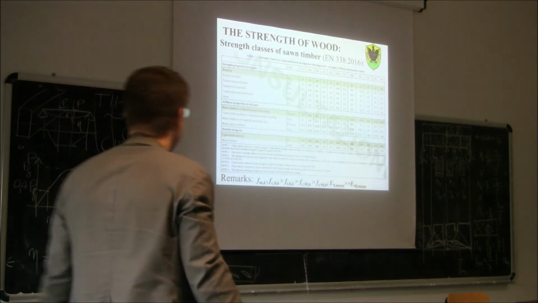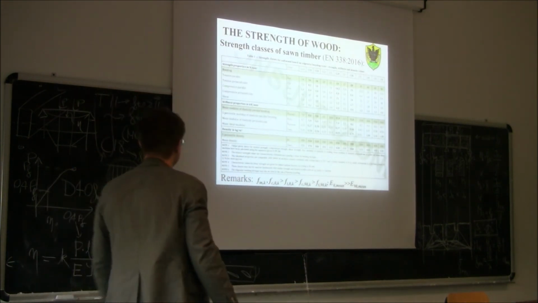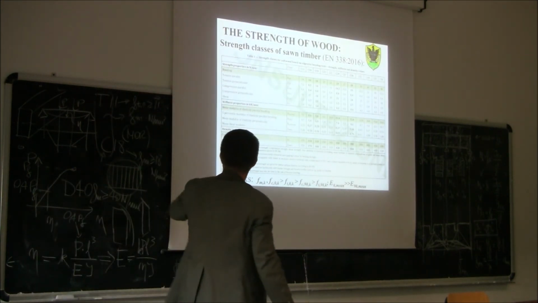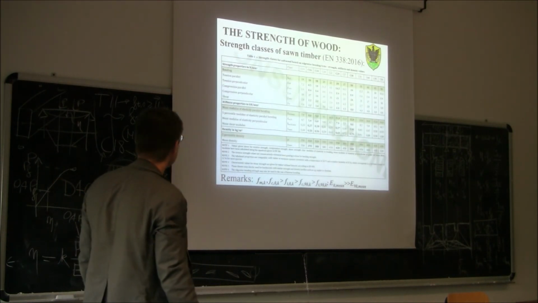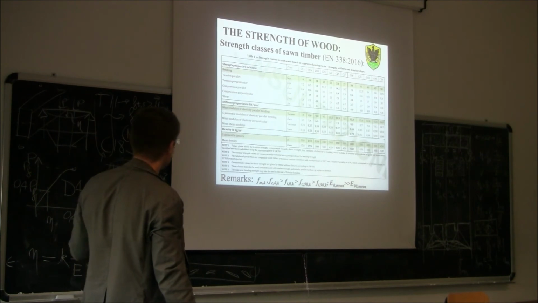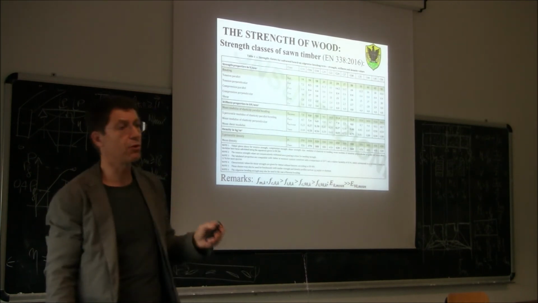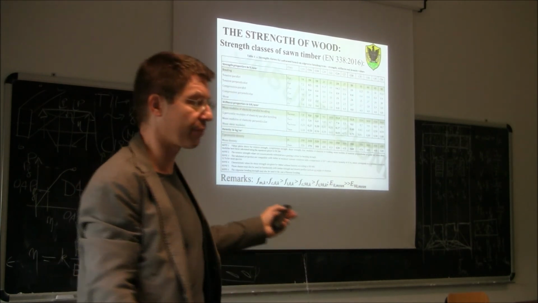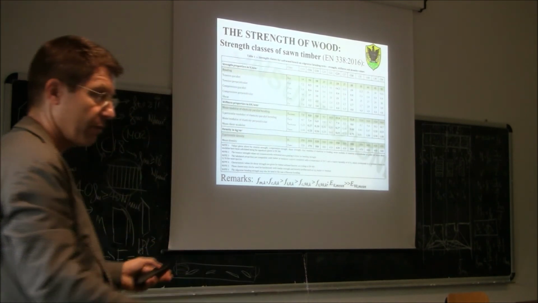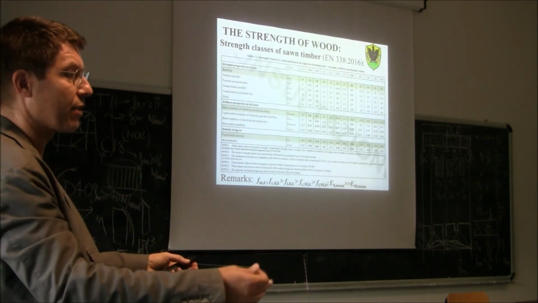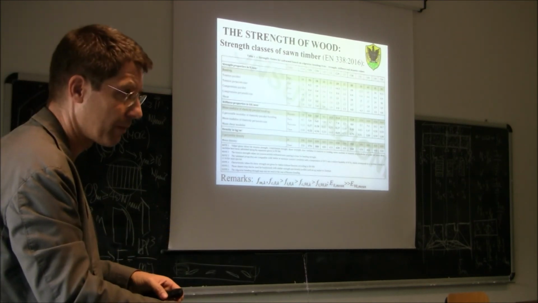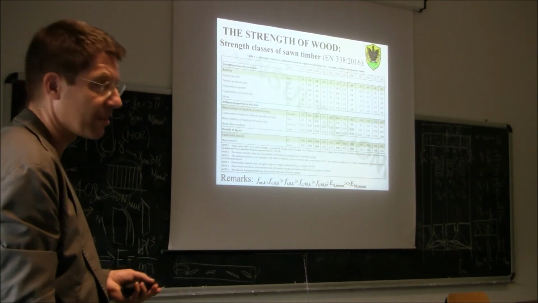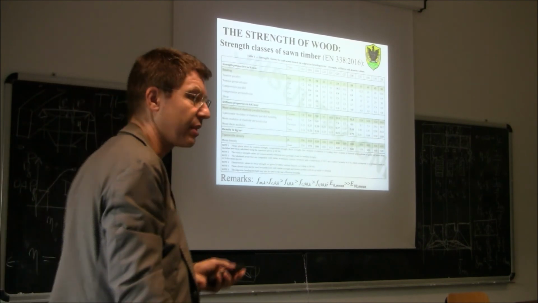Second thing, we usually test in bending, and we measure the bending strength and the module of elasticity, like we saw before, with the displacement. And then we always measure the density.